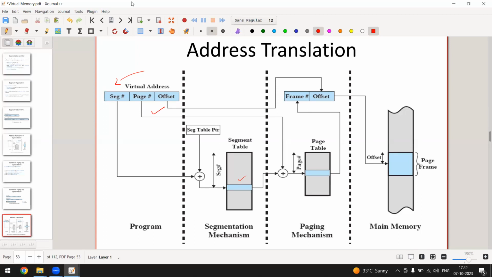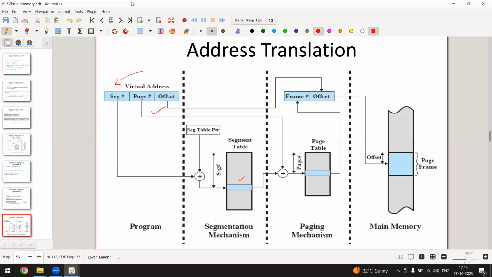So you can see that we are taking the advantage of both structures, segmentation and paging. On one hand, segmentation is a... transferred to the user. Similarly, paging has its own advantage. So in this kind of combined architecture, we have to combine both segmentation and paging to utilize the benefits of both.